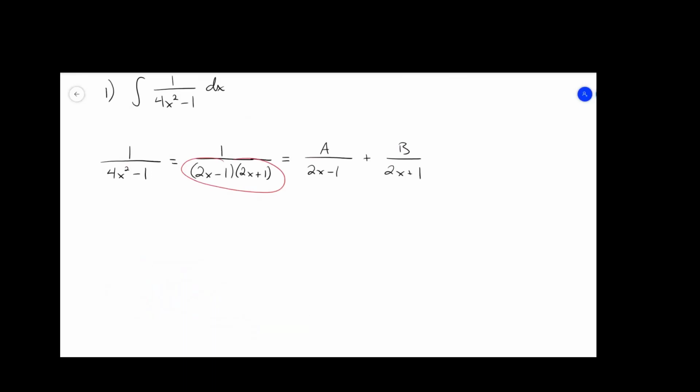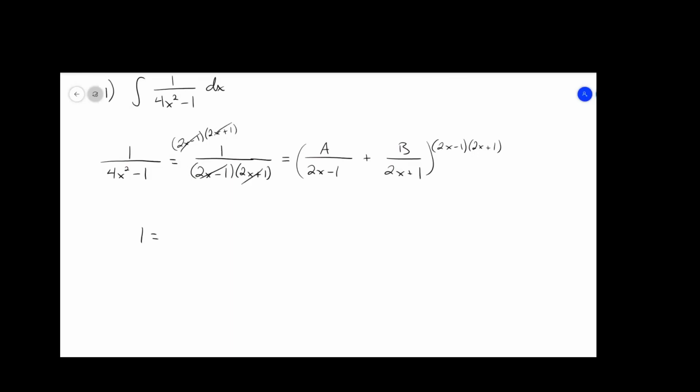So what I'm going to do is multiply the entire equation through by that, 2x minus 1, 2x plus 1. And I have to do that on both sides. Now, of course, on the left side, that's just going to have the effect of canceling everything out, and all we're going to be left with on the left side is just a 1.